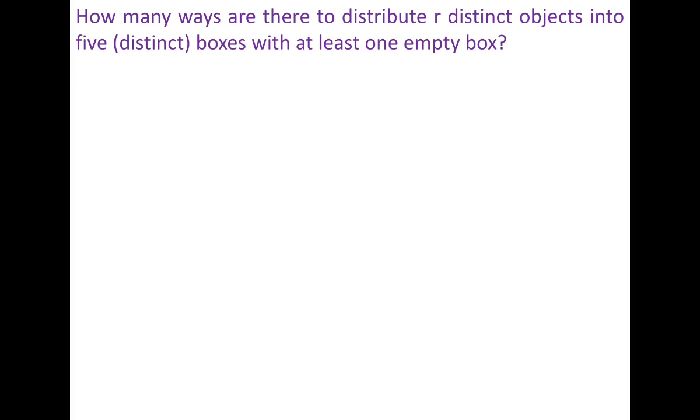How many ways are there to distribute r distinct objects into 5 different boxes with at least one empty box? So how many boxes are there? 5. So ai represents that the ith box is empty.